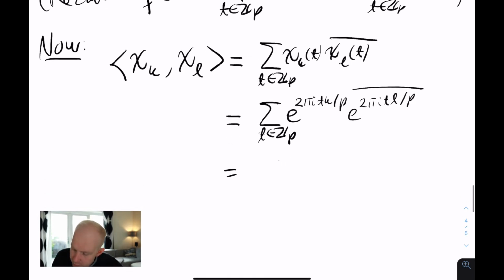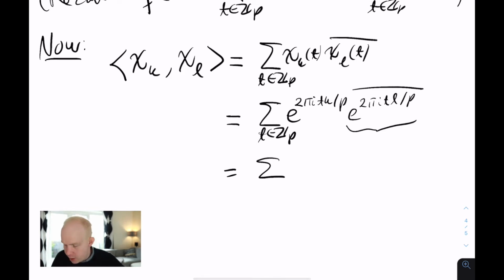Once you open this up, the conjugation of this number makes it minus, since the complex conjugate takes the negative.